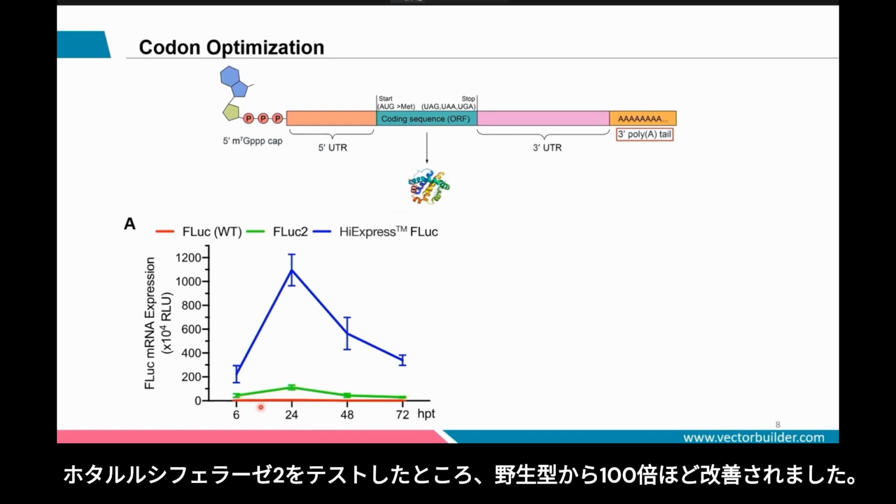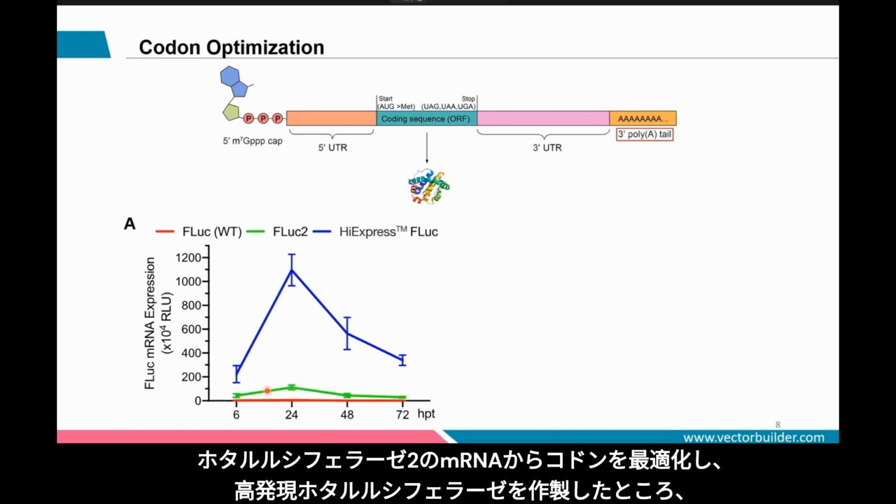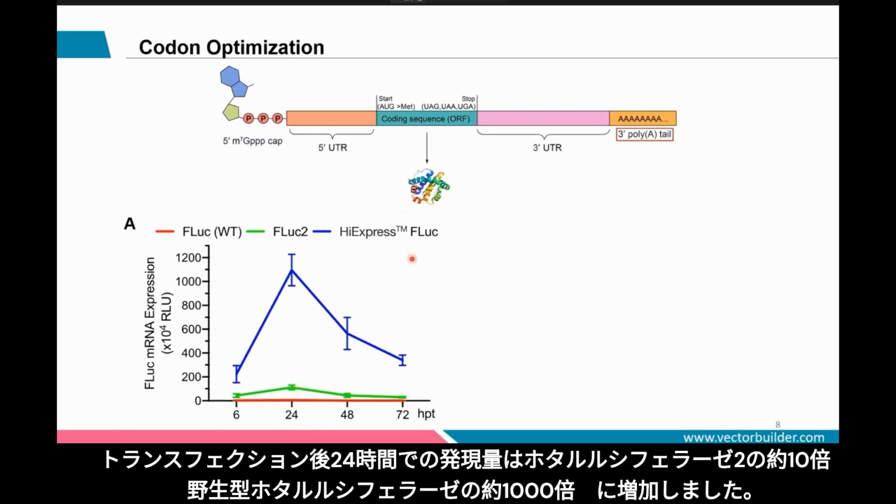When we tested firefly luciferase 2, which is improved from the wild-type by probably around 100-fold, and from the firefly luciferase 2 mRNA we optimized its codons and generated the so-called high-expression firefly luciferase.